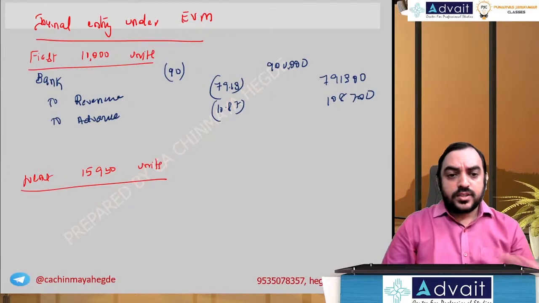Okay. So next 15,950 units will be sold. And you are going to recognize the entire revenue now, the balance amount. And the difference amount adjustment, you take it to the P&L account and so on.